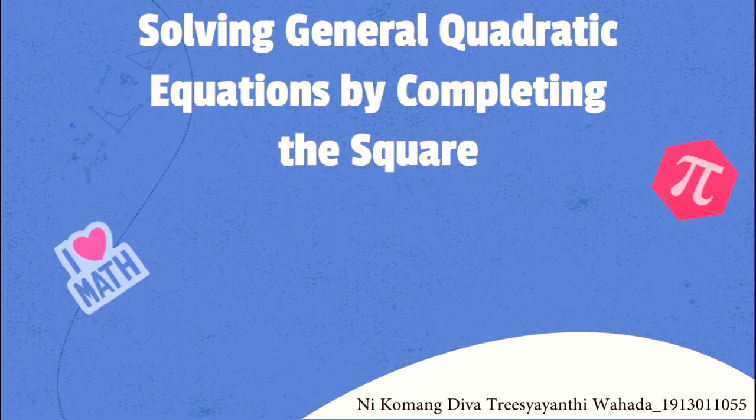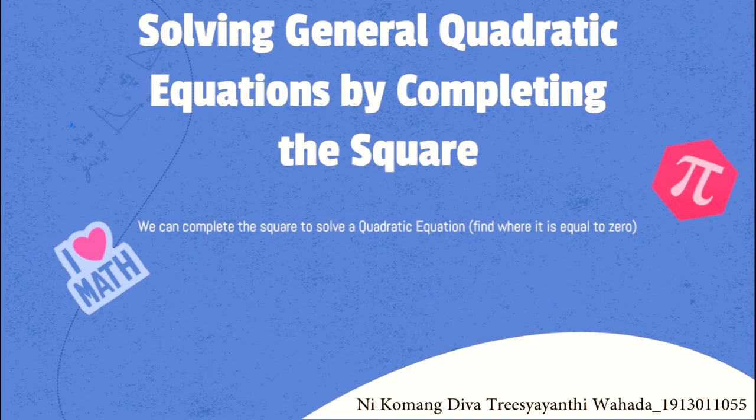Solving the general quadratic equation by completing the square. We can complete the square to solve a quadratic equation, to find where it is equal to 0. But a general quadratic equation can have a coefficient of a in front of x squared: ax squared plus bx plus c is equal to 0.